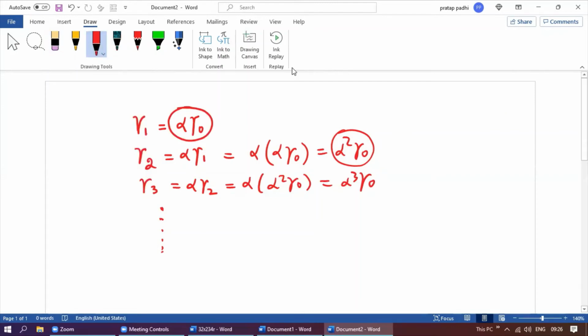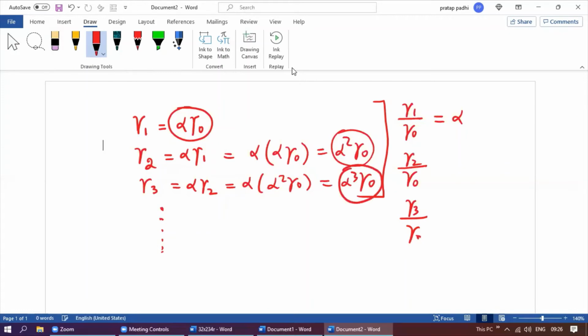Now from these, gamma 1 by gamma naught we will find. This is rho naught, okay, alpha. This is rho 1, gamma 1 by gamma 0 will be rho 1. This is rho 2. See this one, if you divide you will get alpha 3. This will be rho 3, rho 1, rho 2, rho 3, alpha square, alpha power 3, that way.